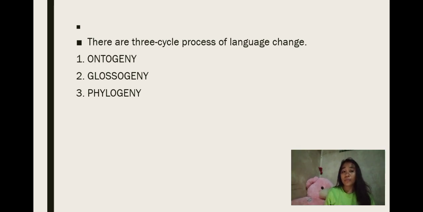Nade-develop din ang language through glossogeny. It refers to the development of language over historical time. And the last one is phylogeny, which is a representation of the evolutionary history and relationships between groups of organisms, based on shared or divergent physical and genetic characteristics.